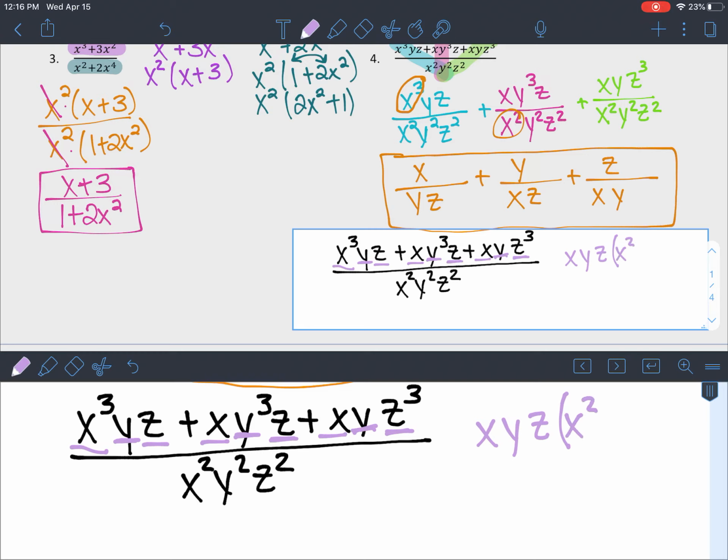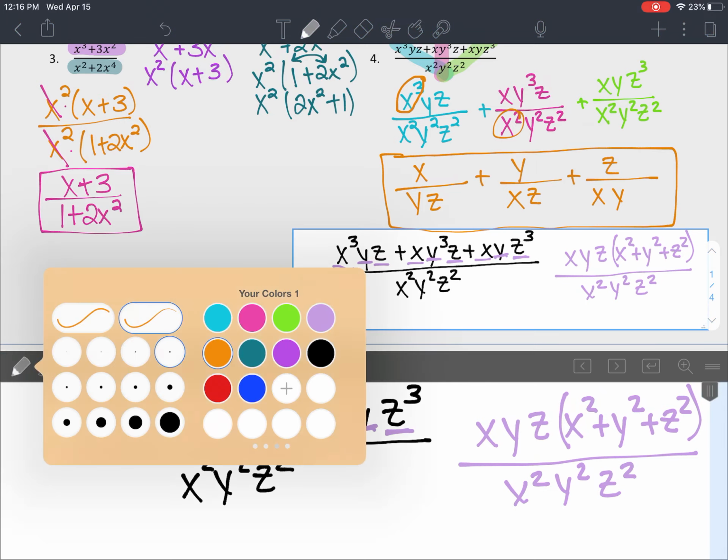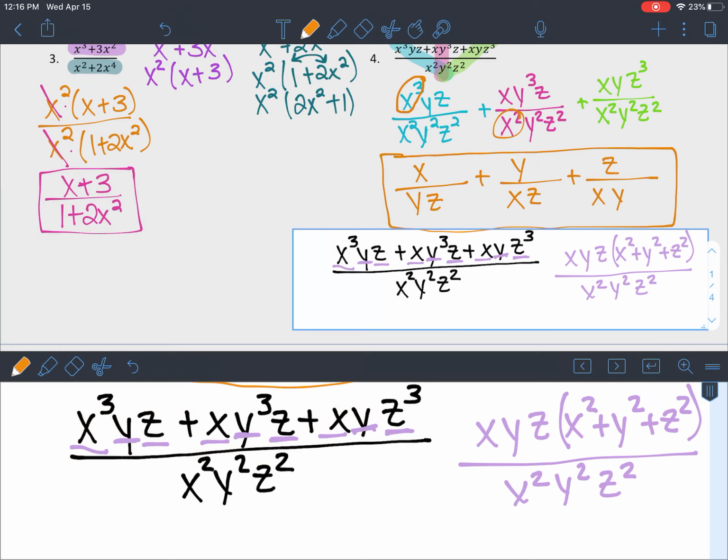So I have x squared plus y squared plus z squared, and on the bottom, I still have that x squared, y squared, z squared. So once I get to this point, I have 1x and then x squared, and 1y and y squared, and 1z and z squared.